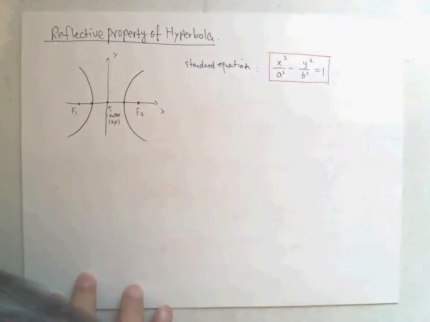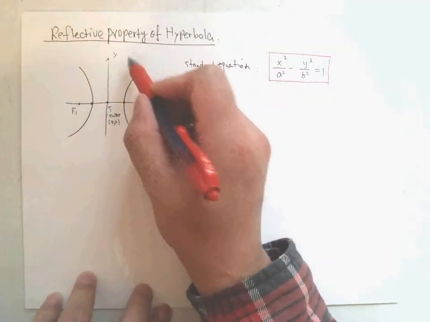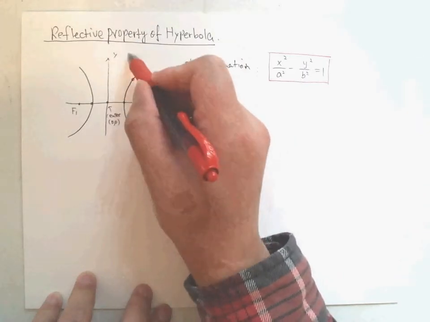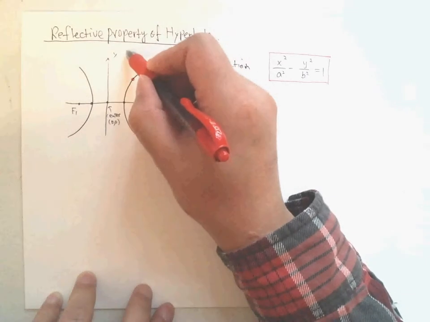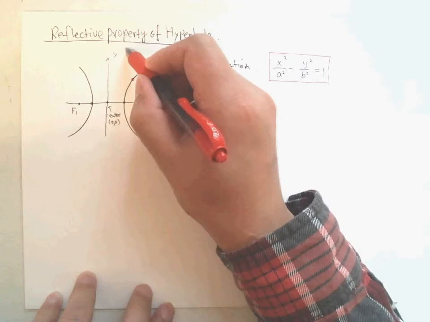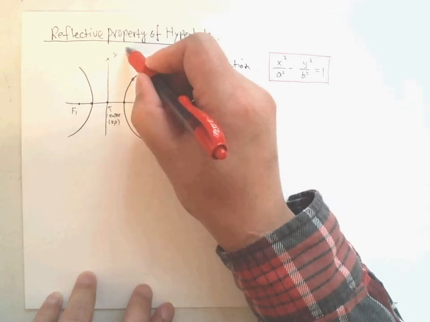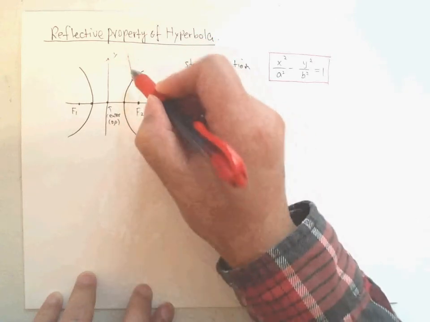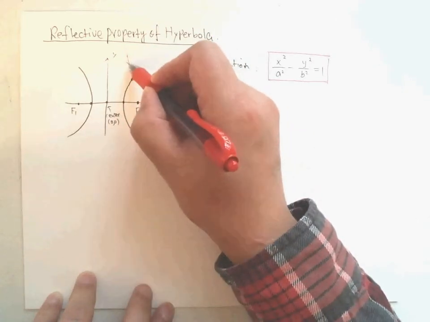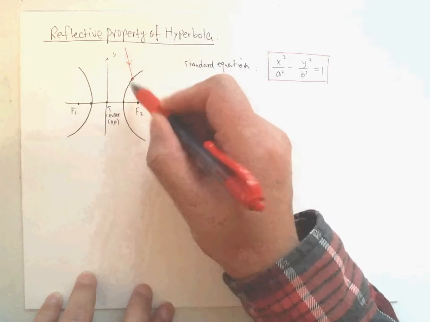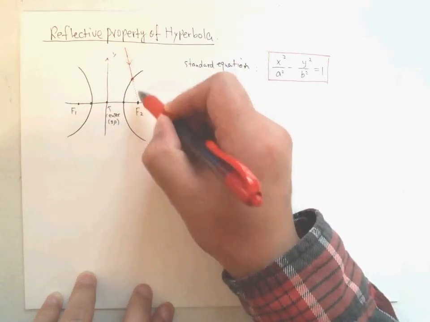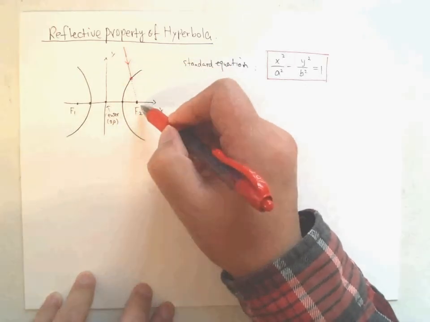Suppose we have a point here, and a light ray comes in from somewhere. If we extend this direction, it points to F2, and goes to this point.